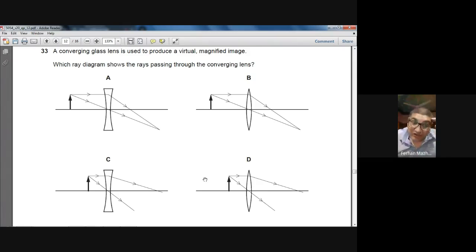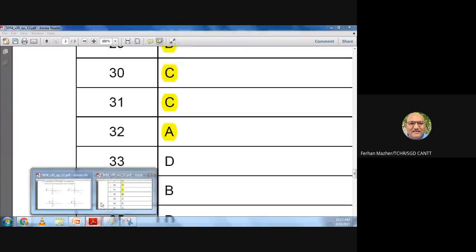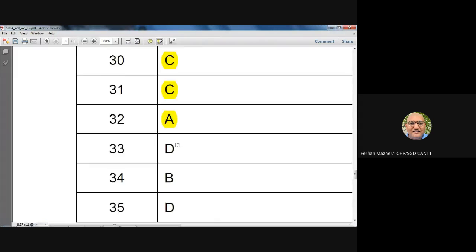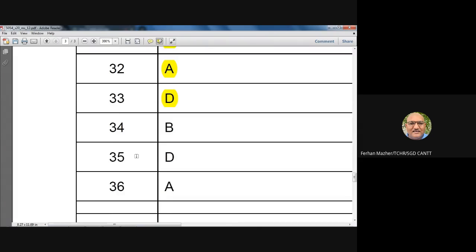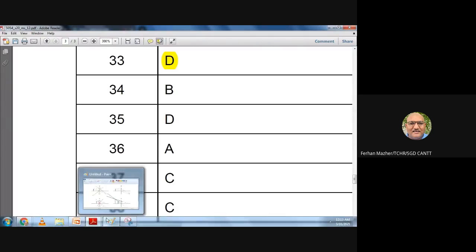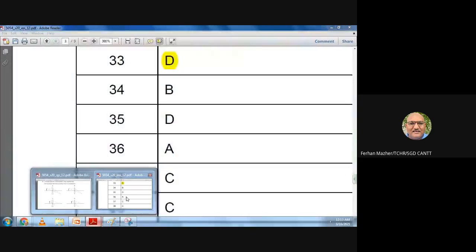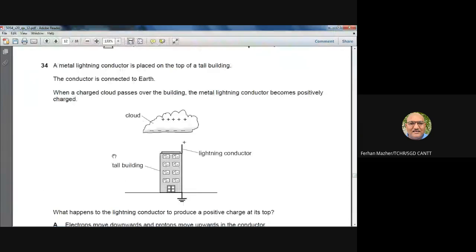I showed you by the ray diagram that in the D option, the image formed will be virtual and magnified. So D is the right option according to our understanding. Question number 33, D is the right option. Okay, let's go to the next question. So question number 34.